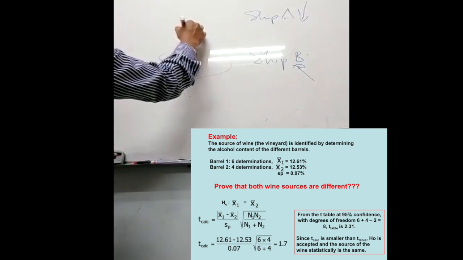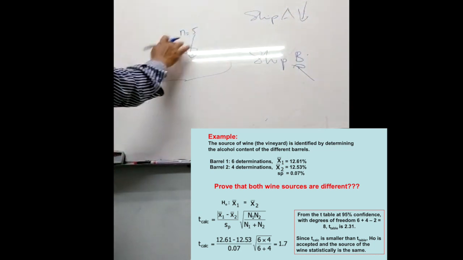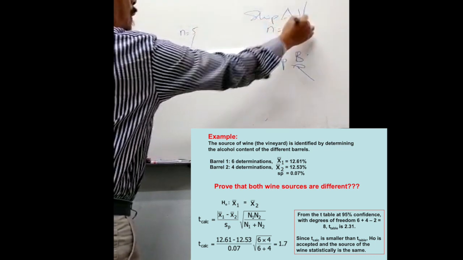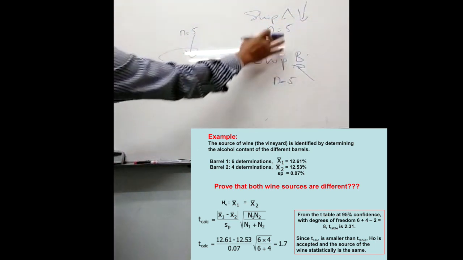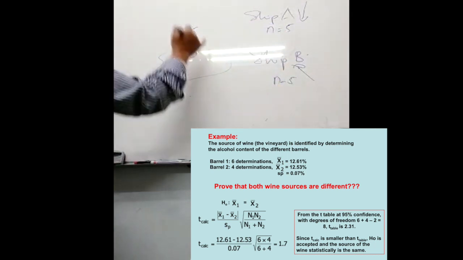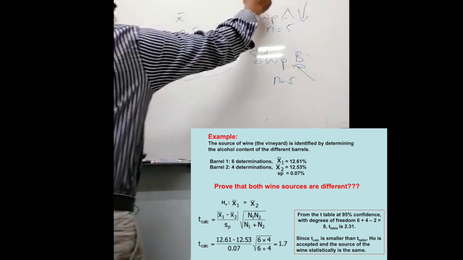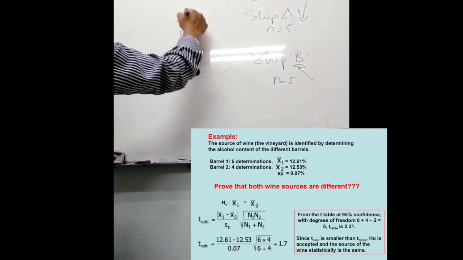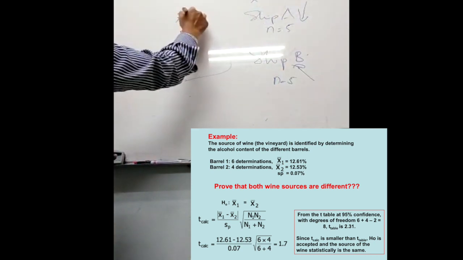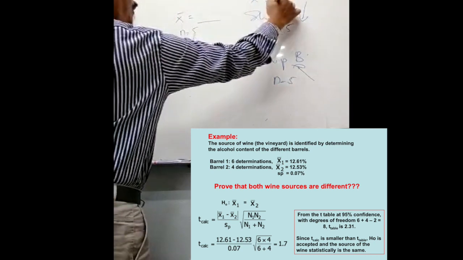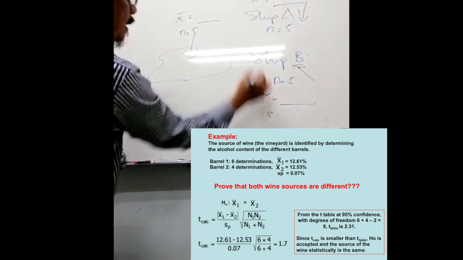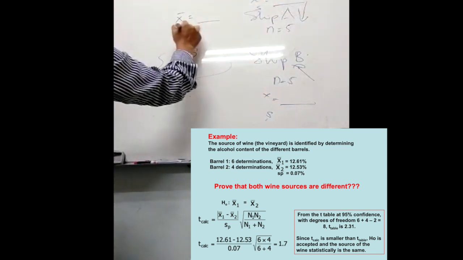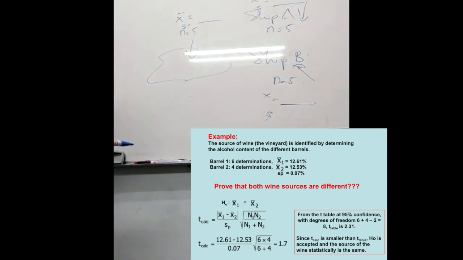Let's say from here n equal to 5, 5 replicates, also here 5, and also here 5. But every sample may have a different value, and also a different standard deviation.